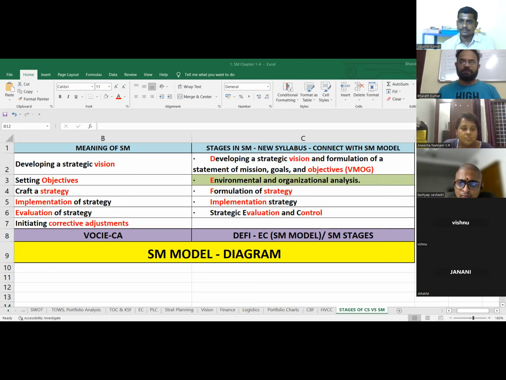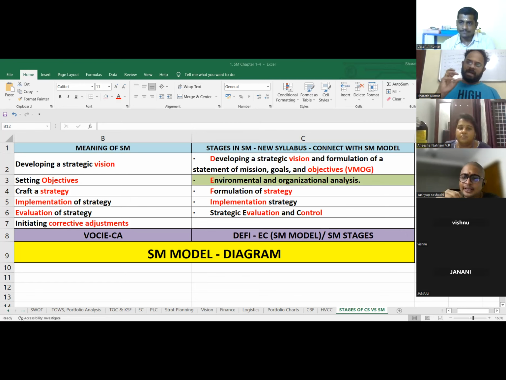So, evaluation of strategy. When you evaluate the strategy, if you make a mistake, can you adjust again? Yes. Initiating corrective adjustments, and the corrective adjustments are CA. So V is what? Vision. O, objectives.